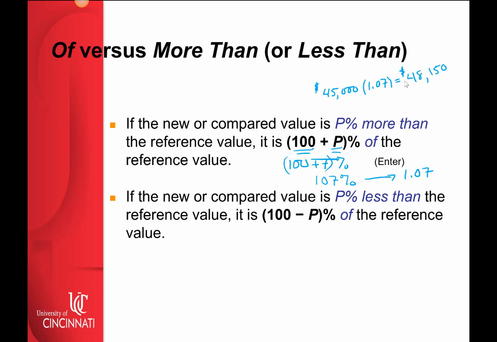The other way to look at things is less than. We could start this out with, hey, Nicole is making $48,150. Now, here's where some people will mess up. They'll say Chuck is making 7% less than Nicole is because she's making 7% more than Chuck is.